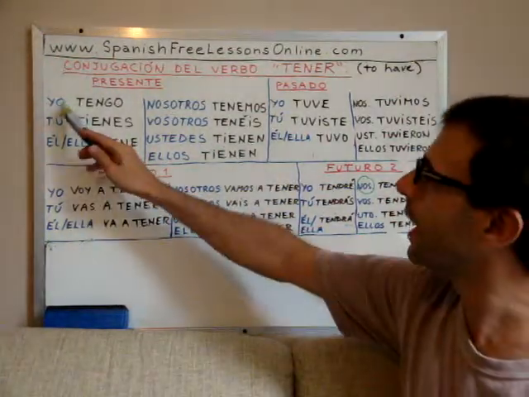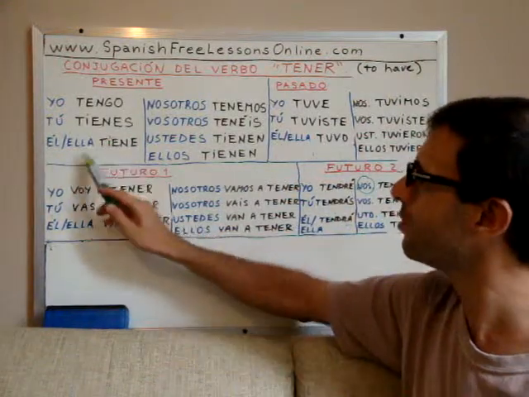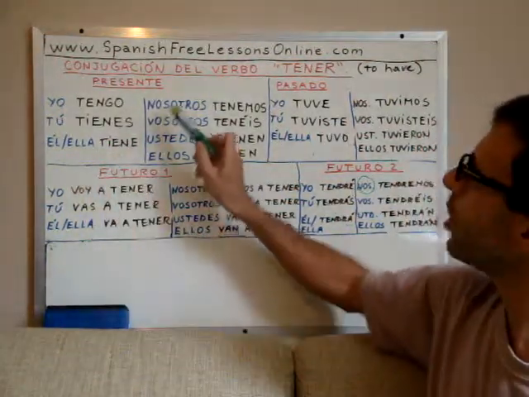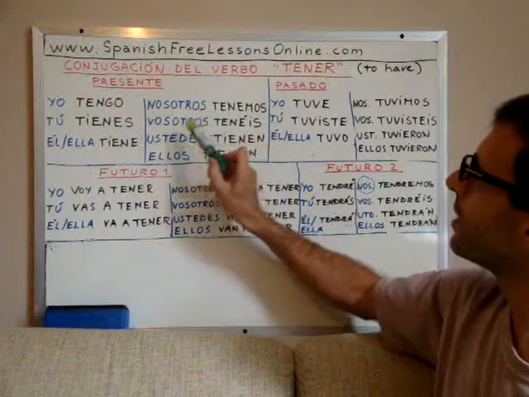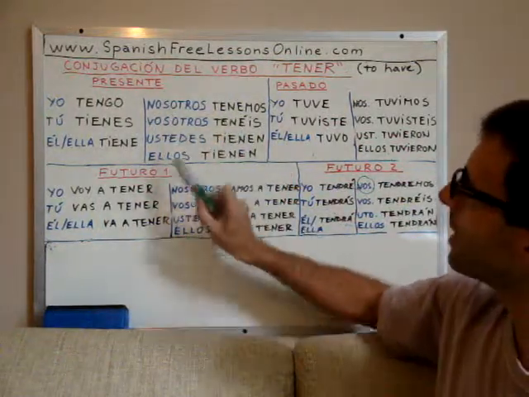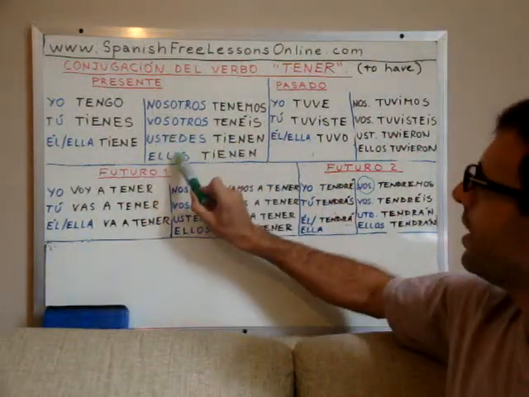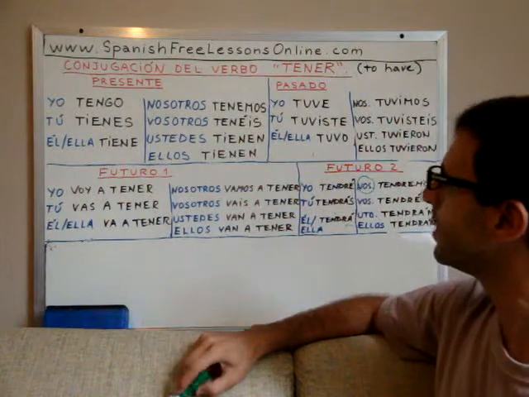For I have, you have, he has or she has, we have, you plural have, again you plural, you have, and they have, right?